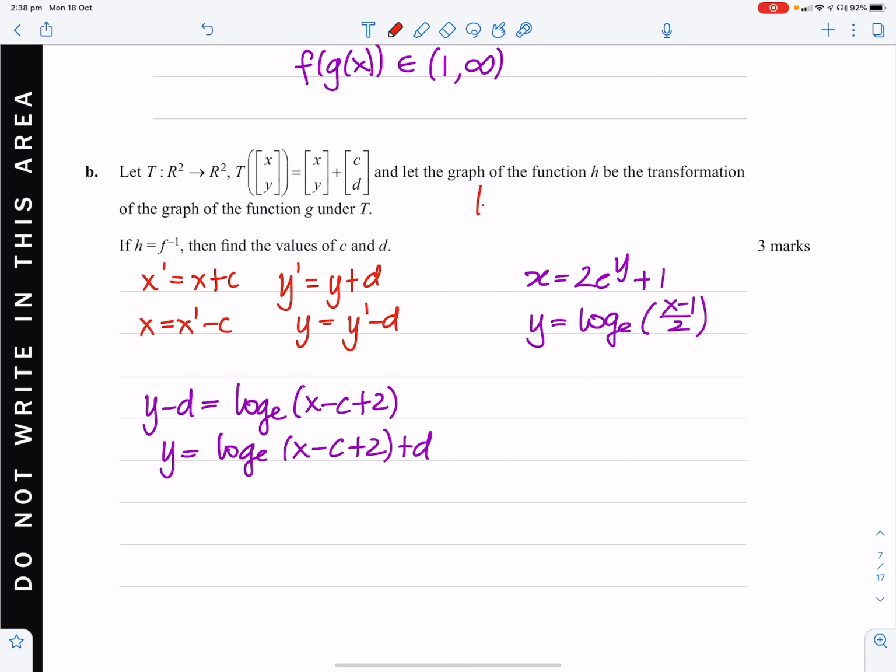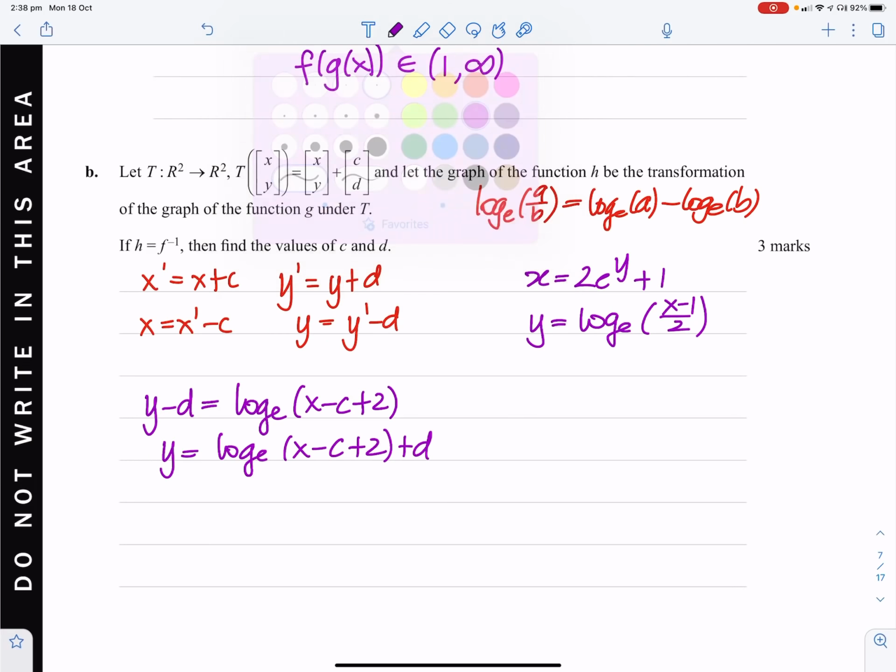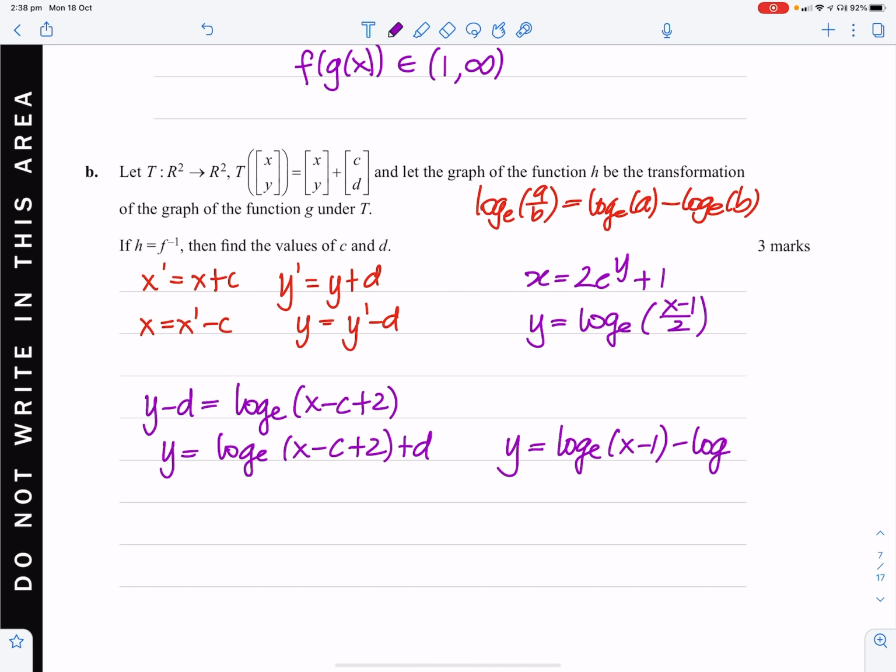If we've got log e of a over b, we can say that's log e of a minus log e of b. So we can rewrite this to be y is log e of x minus 1 minus log e of 2.